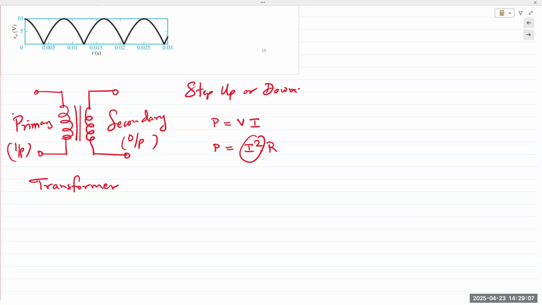To increase the voltage, we use a transformer. We use a step-up transformer. So electrical voltage using transformers is stepped up to tens of thousands of volts. Okay, 22 kilovolts, 30 kilovolts, 40, 50 kilovolts, I believe.